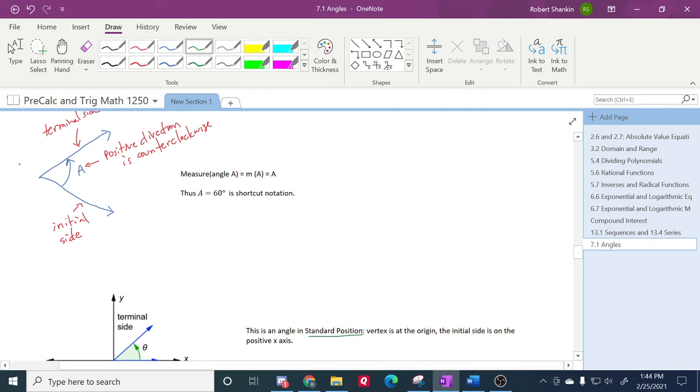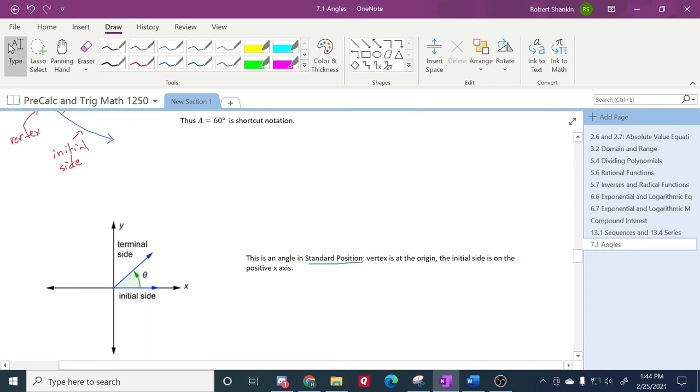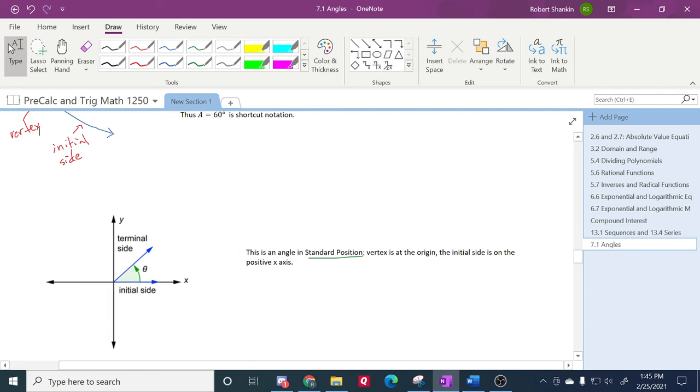We call this the vertex, the point at which both rays start out. Okay? The vertex is at the origin in an XY axis, and the initial side is on the positive x-axis. Then the angle is called in standard position. We prefer angles in standard position in many situations.